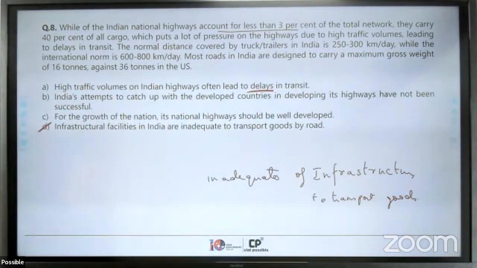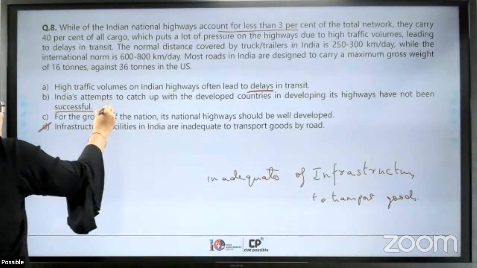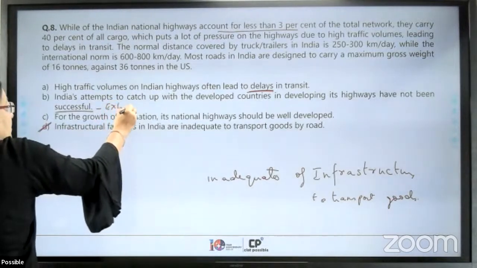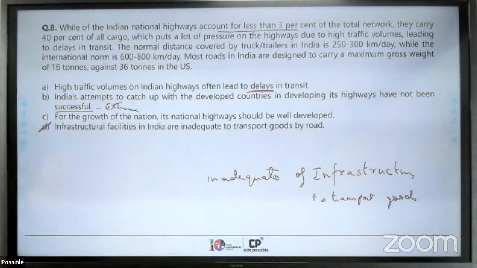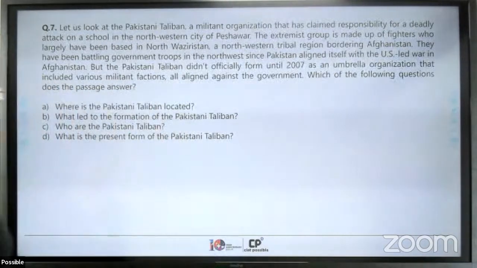India's attempts to catch up with developed countries in developing its highways have not been successful. This is too biased and extreme a viewpoint. For the growth of the nation, its national highways should be, so it's just a generic line. It's just so much a general line. So C was out, it is a general line. What should the country do? So here answer is D. I'm going backward again, 7th one.